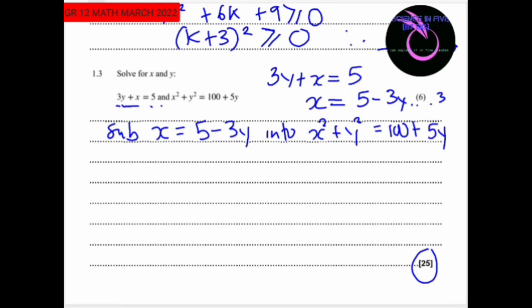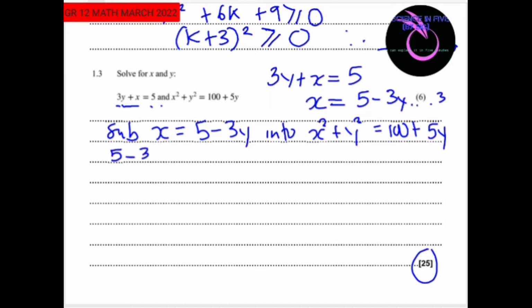So where there is x, let's put 5 minus 3y. Okay, looks like this is going to be a long road of algebra. It's not necessarily hard, but just a little bit long. So please don't make mistakes. Try to improve your accuracy. So let's start. So where there is x, we have 5 minus 3y.